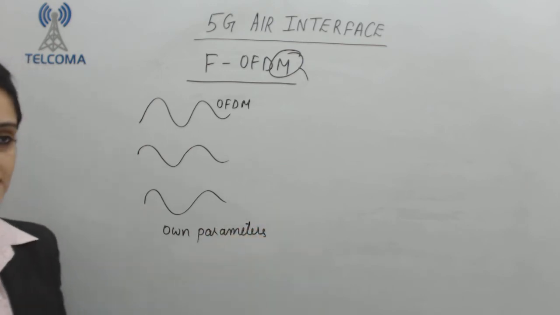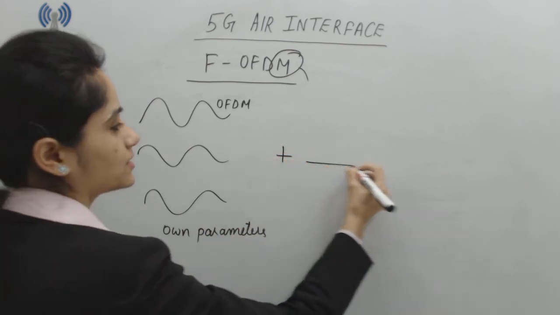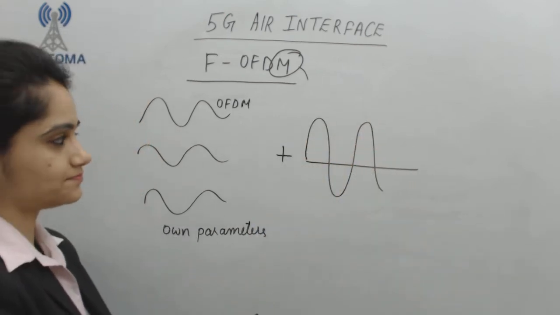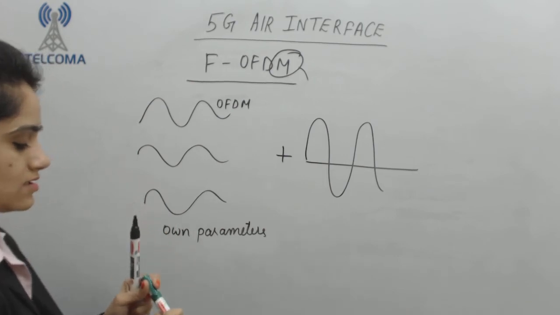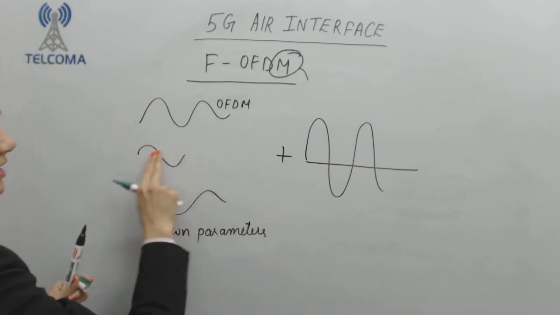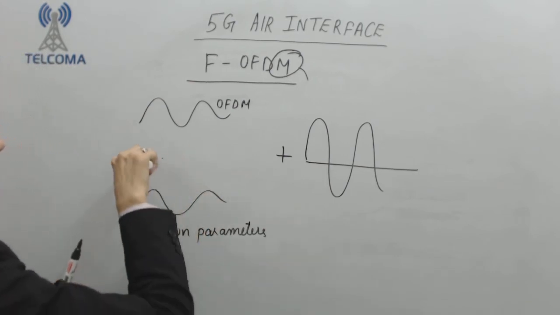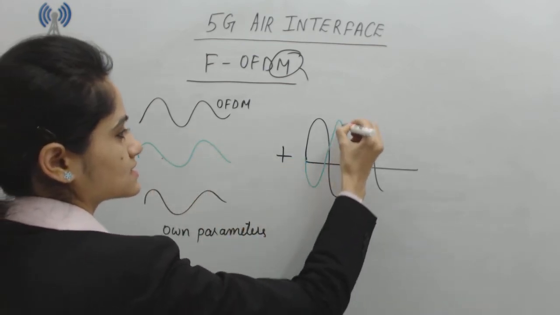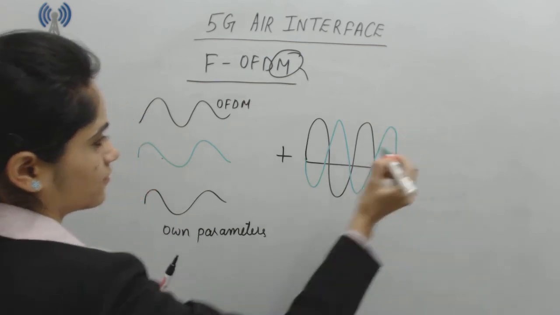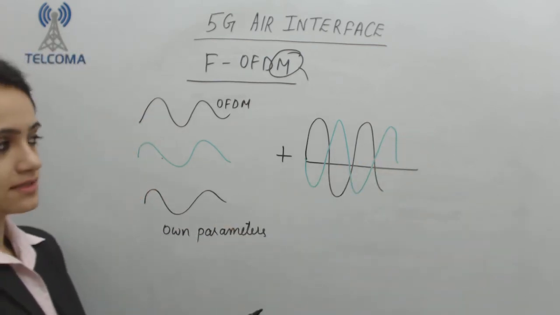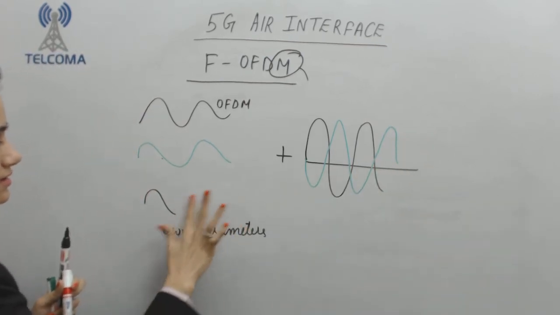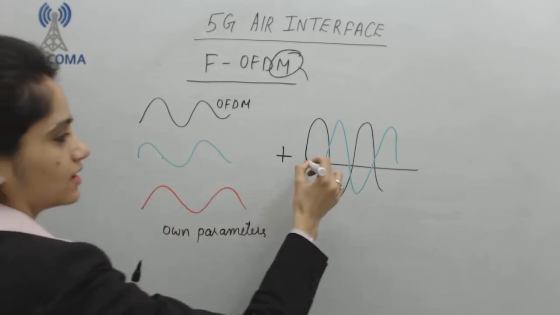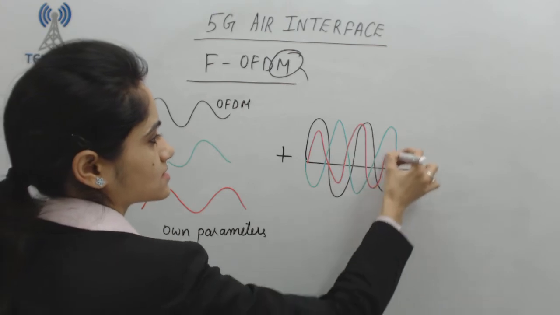Now there is a coexistence. That means we are going to show these existing combined with one another. I will mark this waveform as green. We are coexisting this one with the black one, and then I will mark a red one, and this will coexist together.